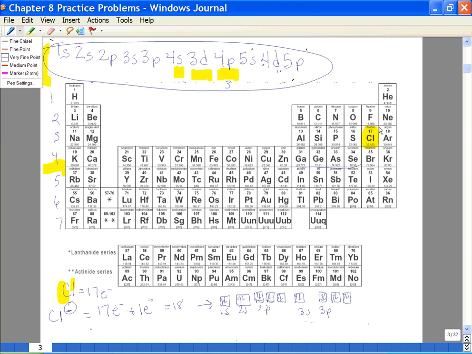So now chlorine looks exactly like the argon noble gas, which has 18 electrons. There's 18 electrons total here. So we can just simply represent this ion in shorthand notation like that if we need to. Okay.